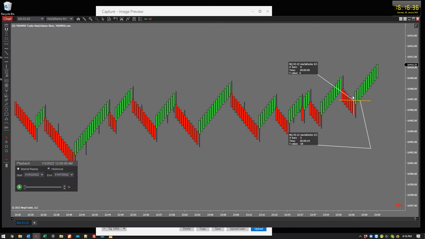And the same thing with your target. If you're looking for 20 ticks, you have to say 20 ticks from here is going to get you your target. However, you didn't get filled until up here because of the slippage. So you might want to make your target 24 if you want to account for slippage.